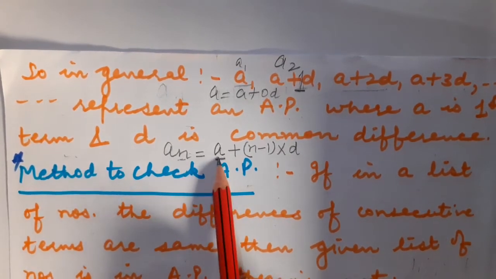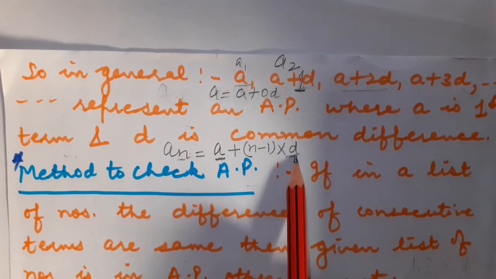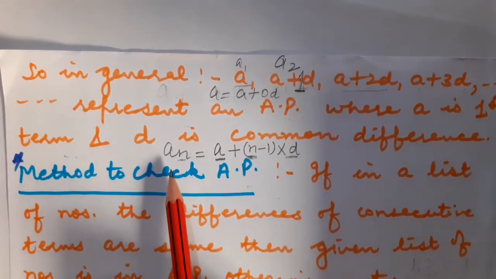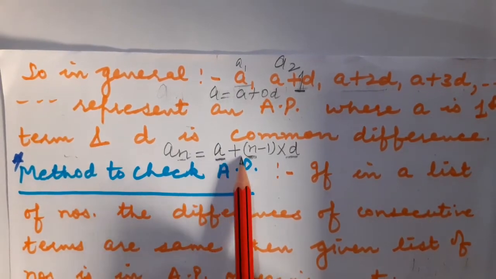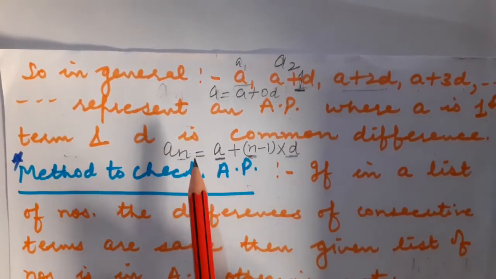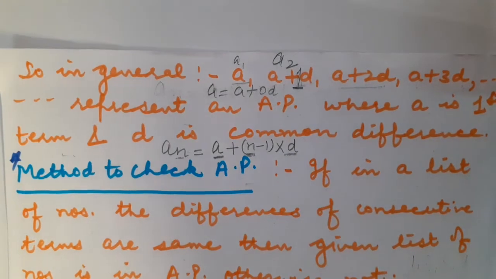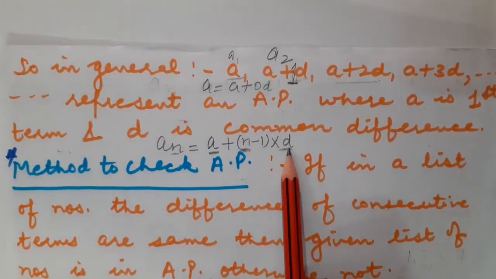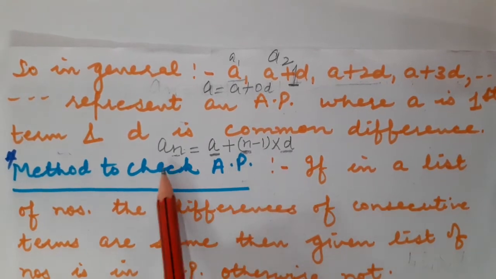Whenever you have A, the common difference D, and you know how many terms there are, then An is equal to A plus (n minus 1) into D. So children, through this generalized form, you may have observed one thing: the numerical coefficient of D is always 1 less than the term.